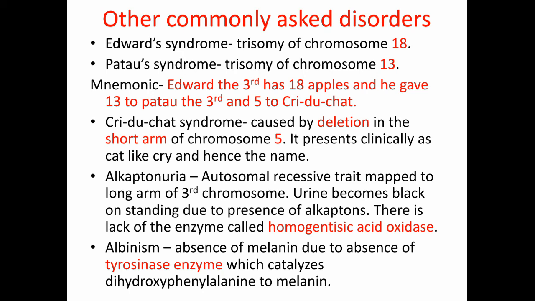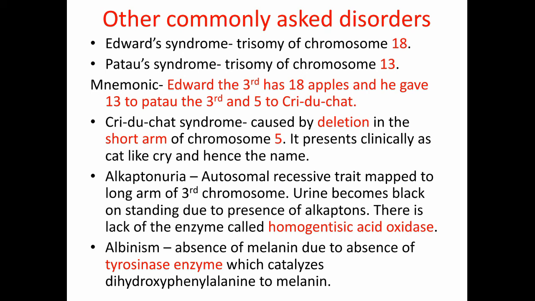So you see each and every point is again important over here. Edward the third, that means it is a trisomic condition. That is why I have written Edward the third has 18 apples. That means trisomic condition having chromosome 18, and he gave 13 to Patau the third. That means Patau is also a trisomic condition, with chromosome 13.